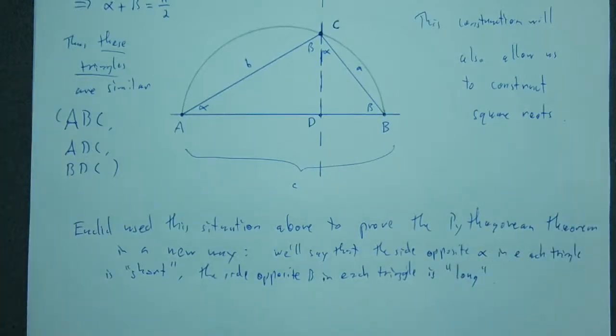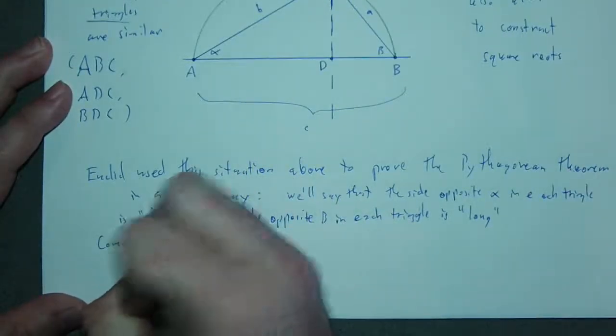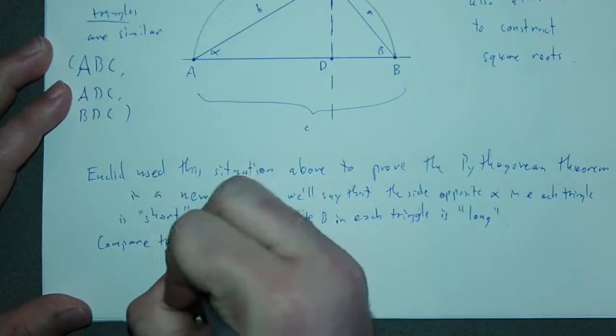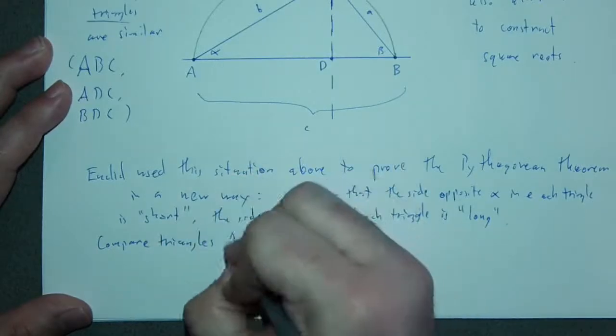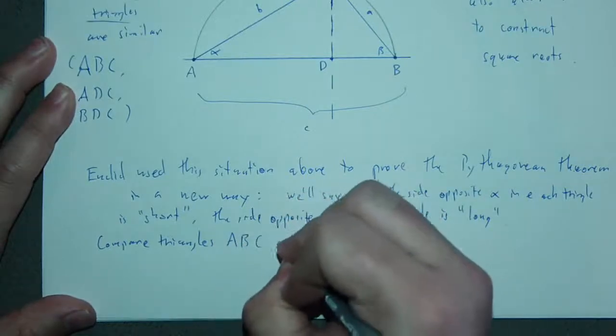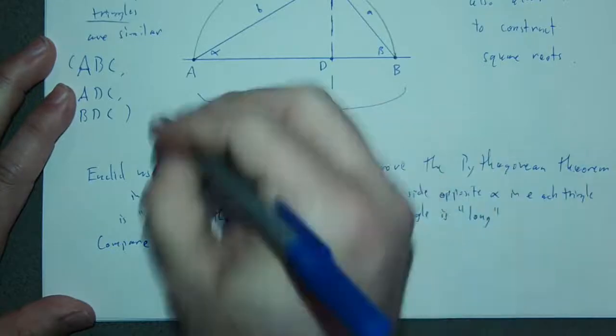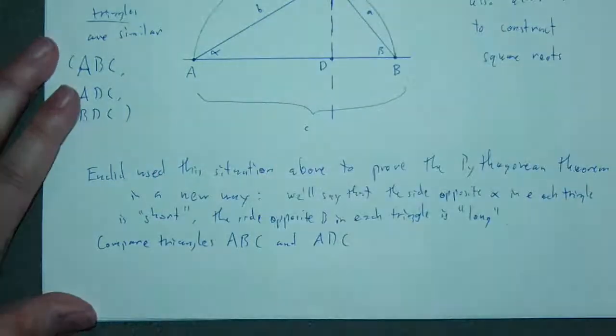Thus, compare triangles ABC and ADC. That is the big triangle and the triangle on the left.